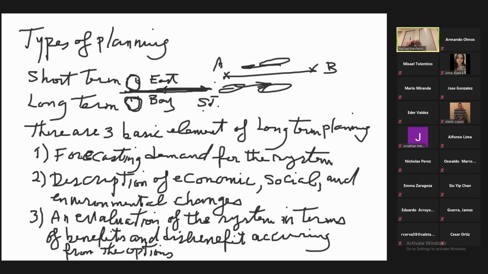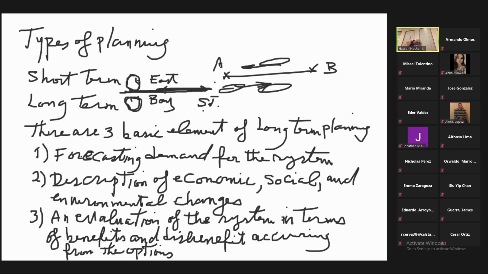So the third one is we are evaluating the system that we are building, highways, railways, whatever it is, the benefits that it gives us and the disbenefits, to see if our benefit is greater than our disbenefit, and so on. So we have to get all the positive and negative and so on.